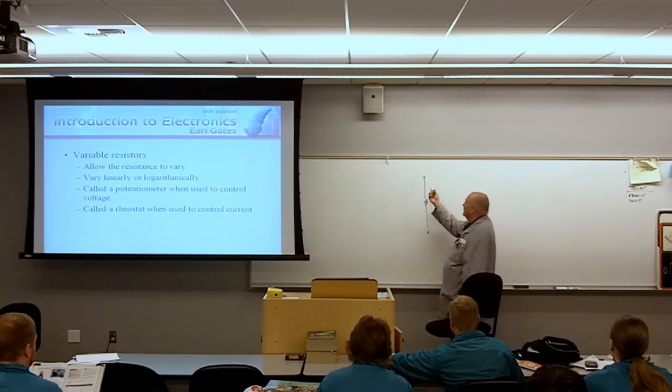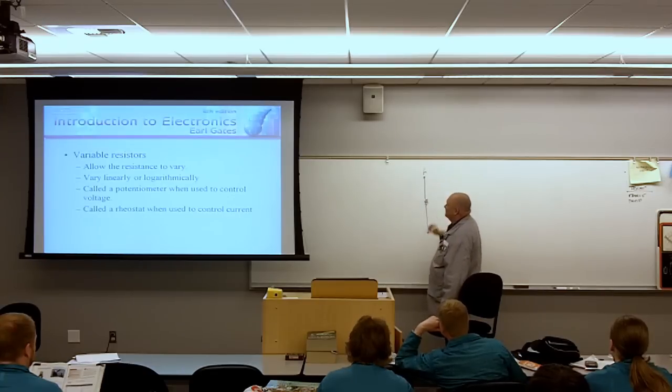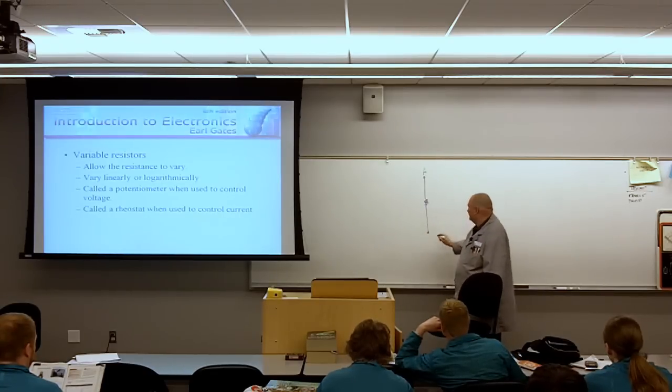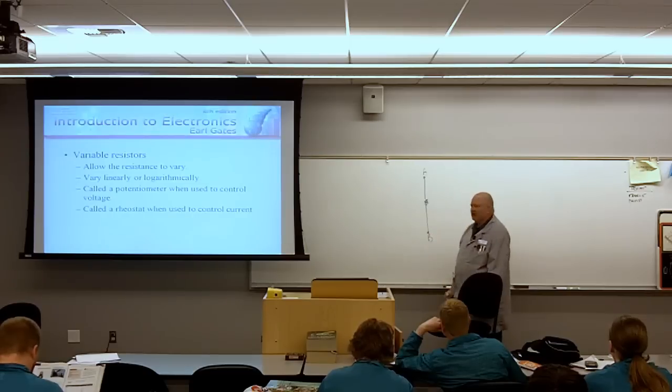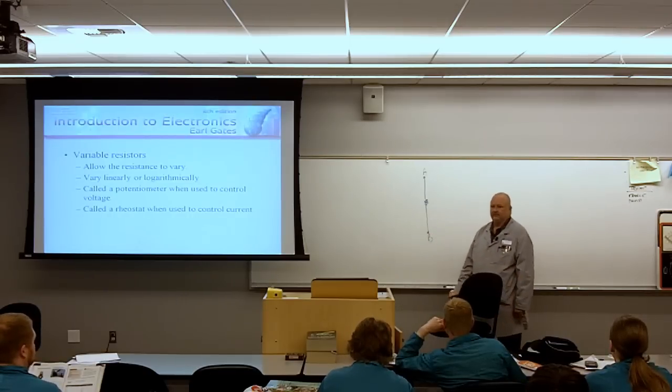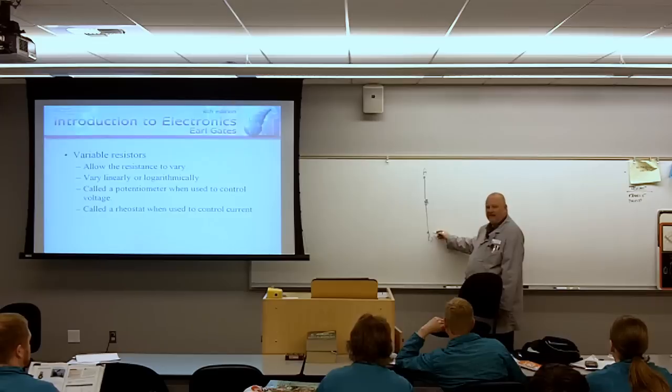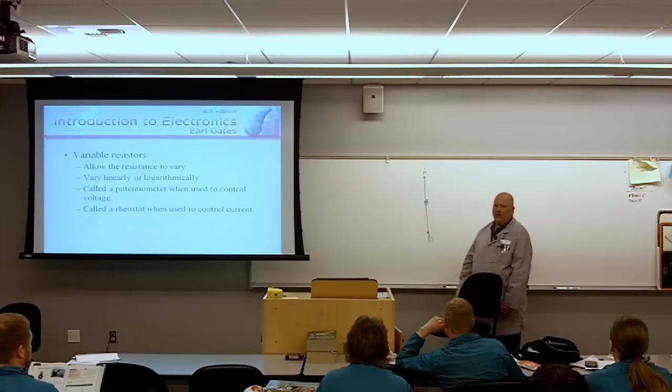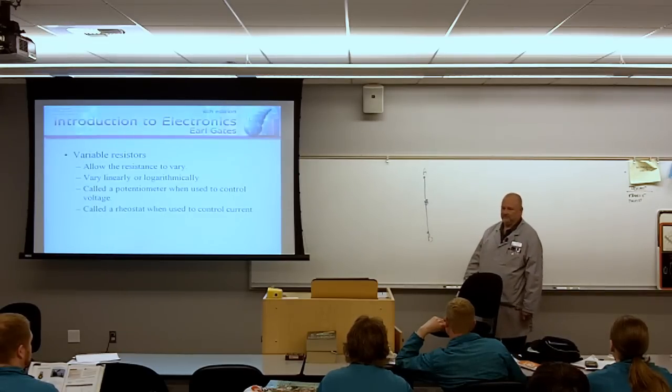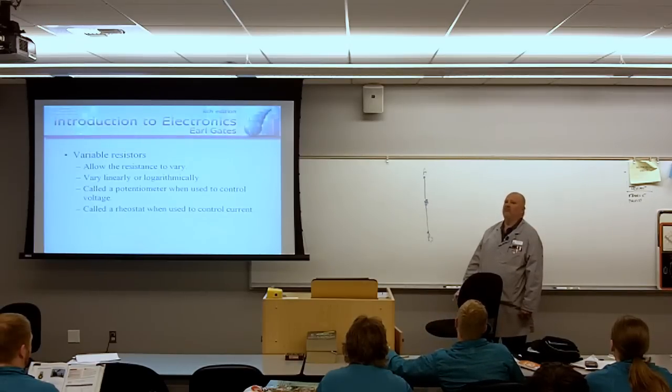And what I've got here is terminal A and I've got terminal B. When I put my meter across terminal A and B, what am I going to measure? The resistance. The resistance between A and B. The total resistance. You all agree with me with that?